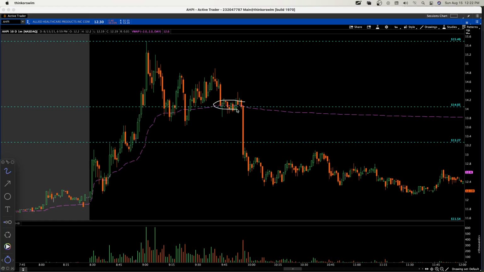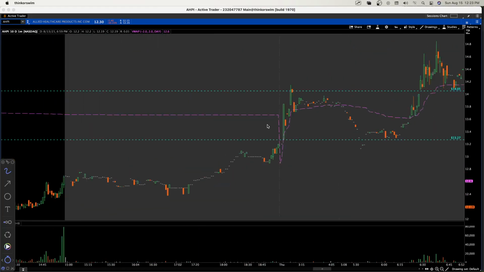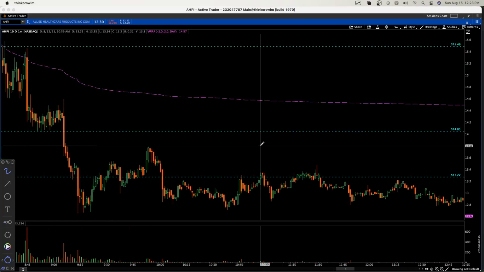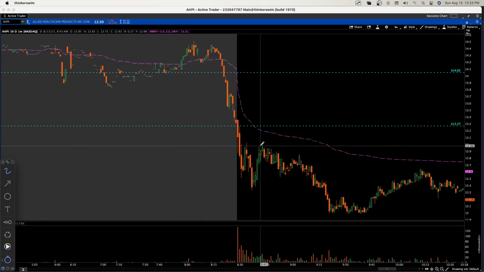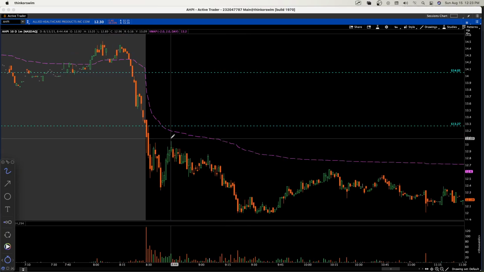Here, VWAP stayed exactly flat, pretty much. Let me see if I can find an example of that real quick. It may be difficult to find, but I maybe can find one here. That's a very important thing to keep in mind. Okay, here's a good example right here.